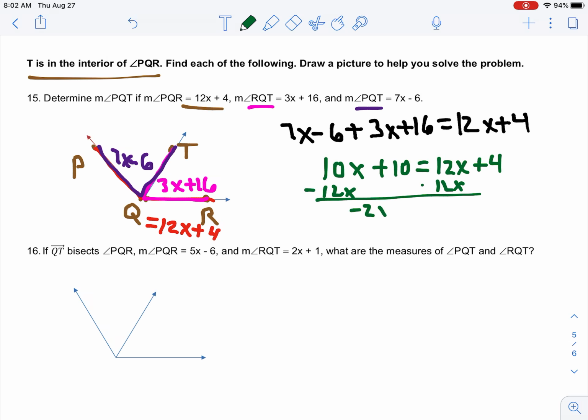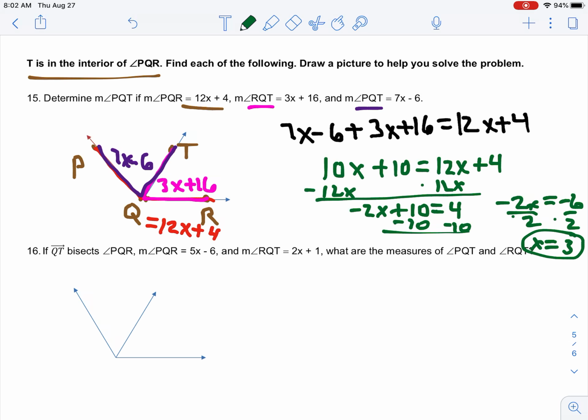I'm left with negative 2x plus 10 equals 4. I'm going to subtract 10. I'm left with negative 2x equals negative 6. Divide by negative 2, and I get x to equal 3.